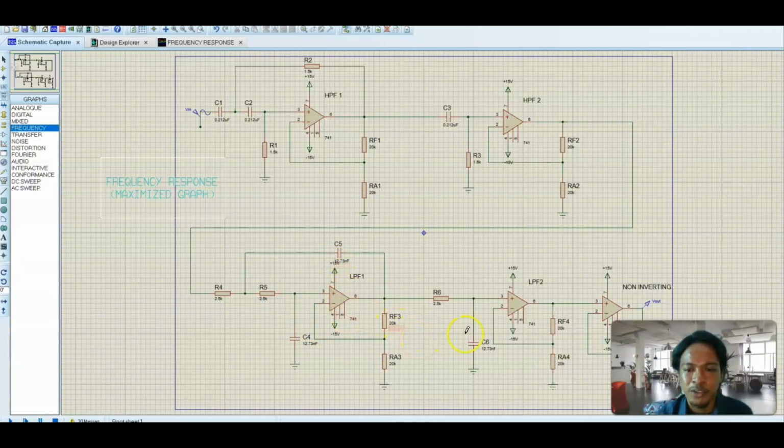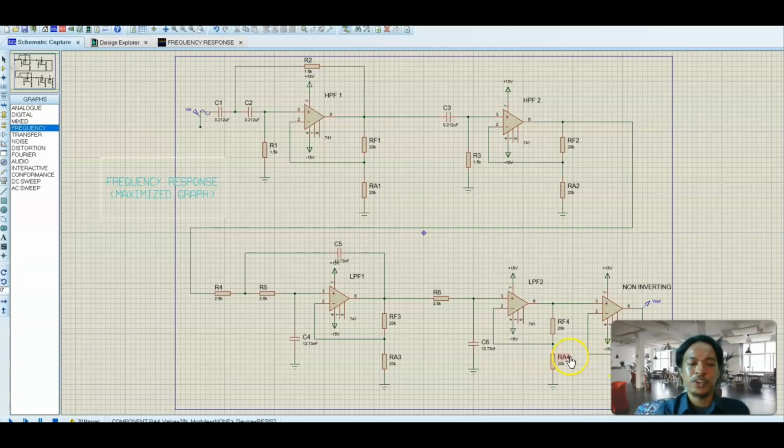And the second low pass filter is using R6 resistor and C6 capacitor. The final stage of the circuit is using a non-inverting amplifier. The gain of the amplifier is determined by the feedback resistor RF5 and RA5.